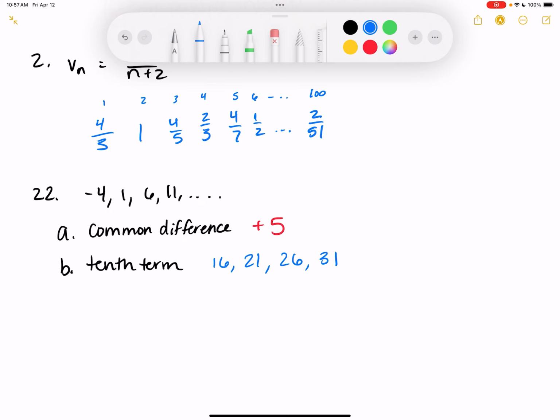That's 1, 2, 4, that's 8, 2 more, 36. Yep. So the 10th term would be 41.